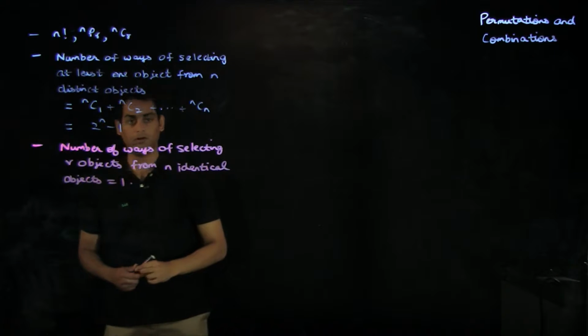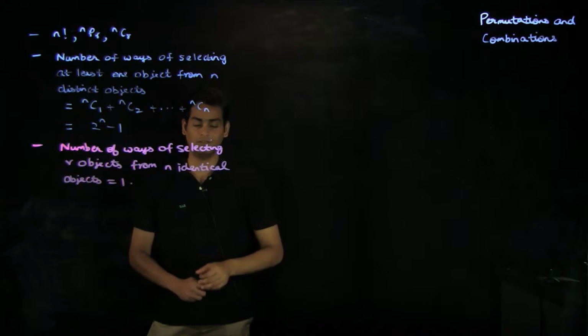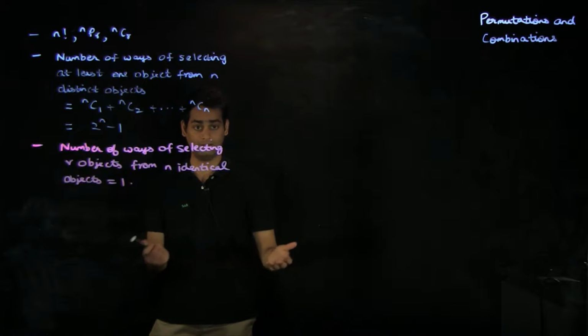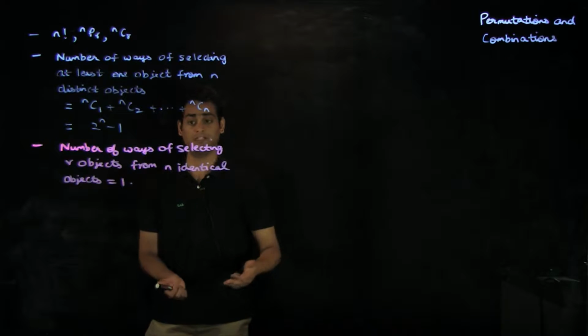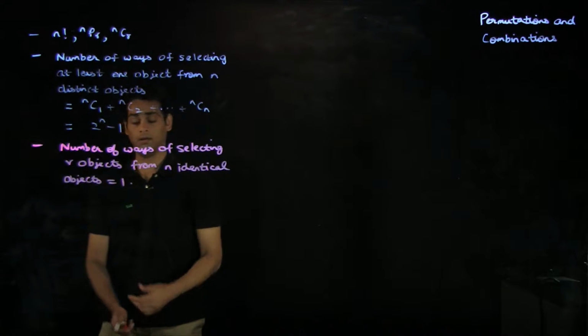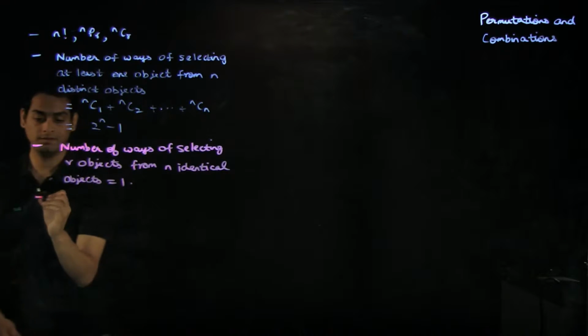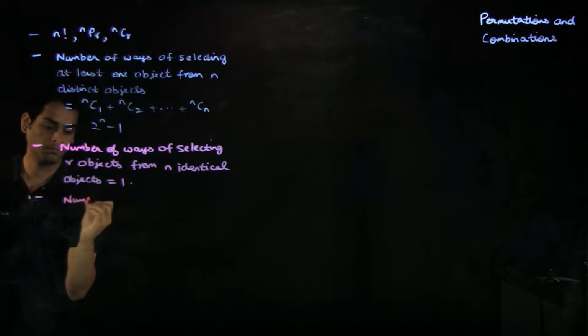It's because if you want to select r objects from n identical objects, you just select r of them, and they're all identical, so it doesn't matter which set of r objects you select, and so the number of ways is just 1.